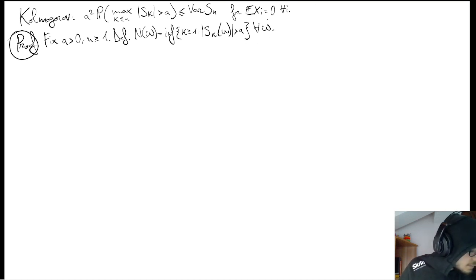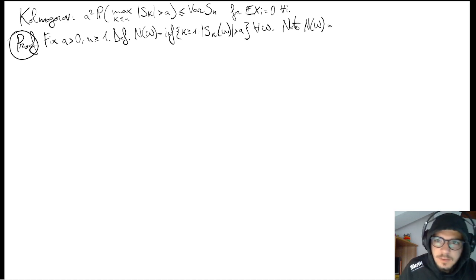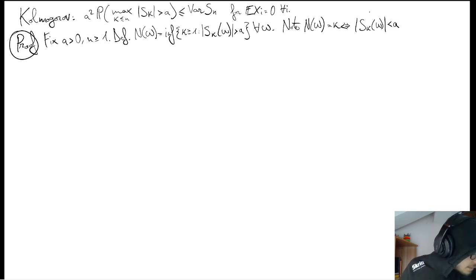And note that N of omega is k if and only if the absolute value of Sk is less than a. It's actually greater.